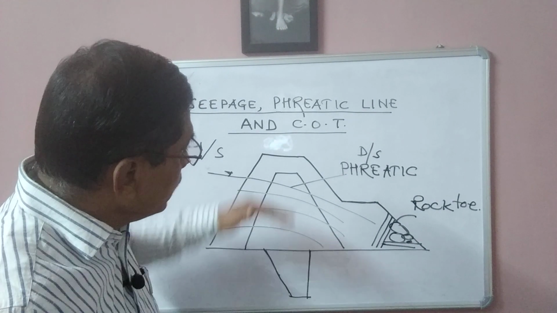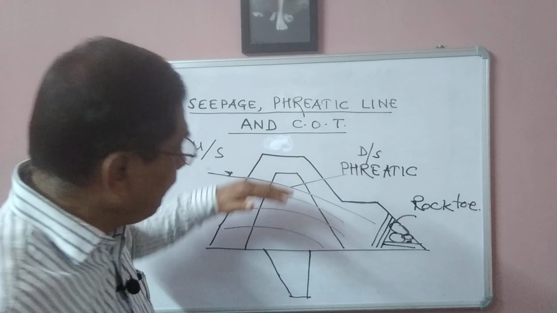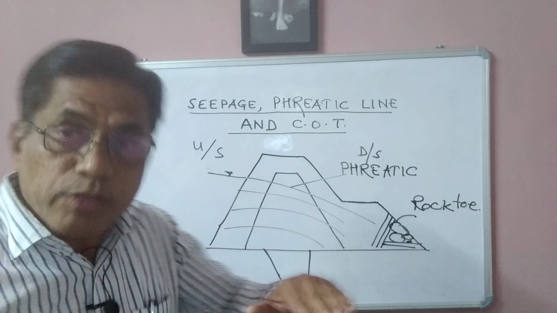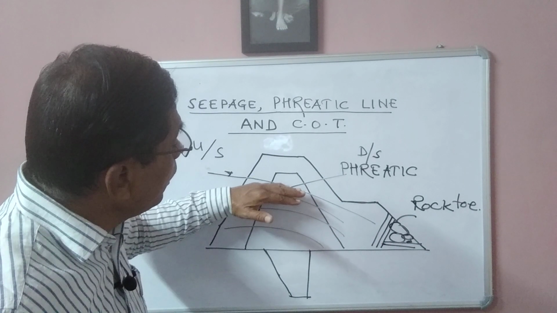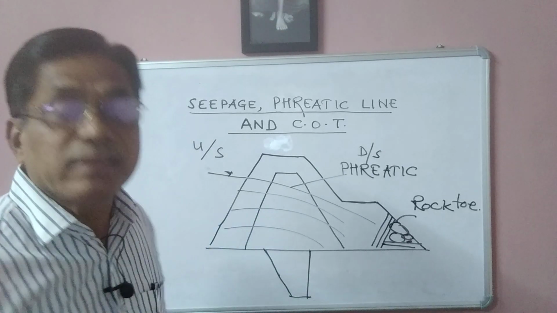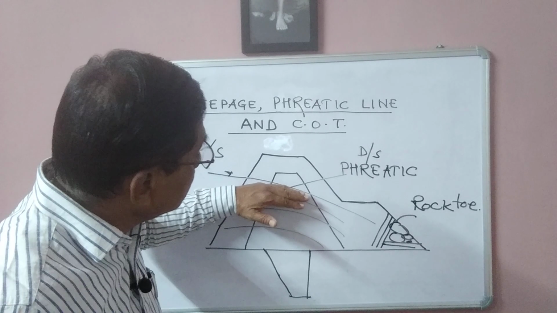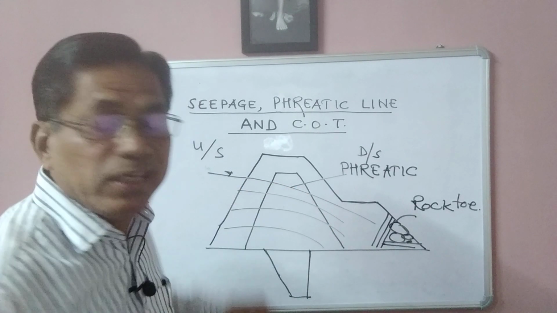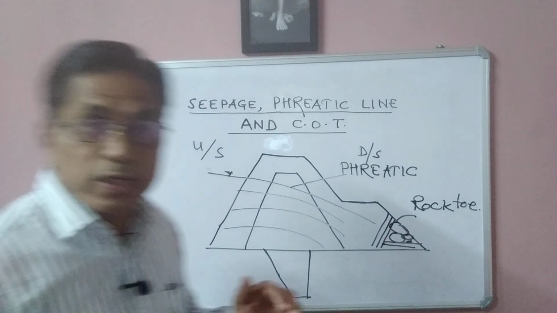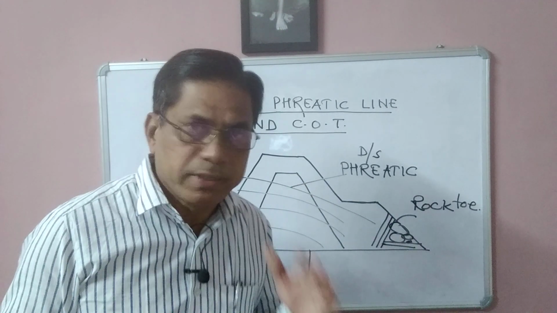The soil above the top seepage line, above the phreatic line, is considered as dry soil, and the soil which is below this is called saturated soil. And the hydrostatic pressure below the top seepage line or the phreatic line is a positive hydrostatic pressure, and above it there is a negative hydrostatic pressure.